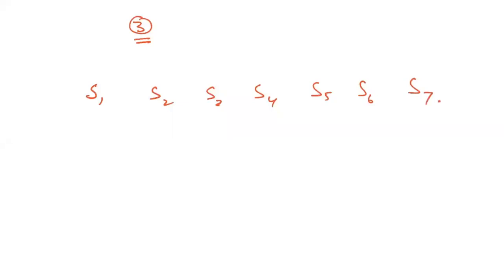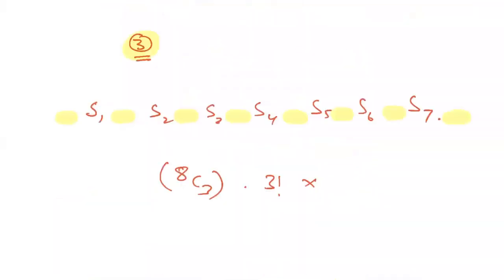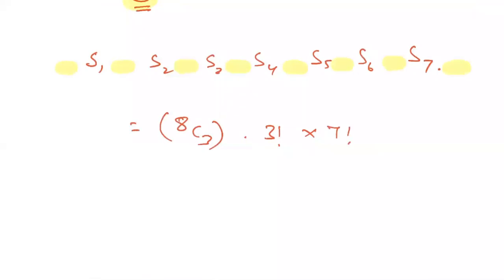So if we have to arrange these 3 students into the row in such a way that no two are consecutive, we have 1, 2, 3, 4, 5, 6, 7, 8 gaps, right? So 8C3 will be the gaps, right? But 3 different students are there, so they can sit in factorial 3 ways, and 7 students are there. So factorial 7 will be the ways the rest of the students can sit in the row, right?